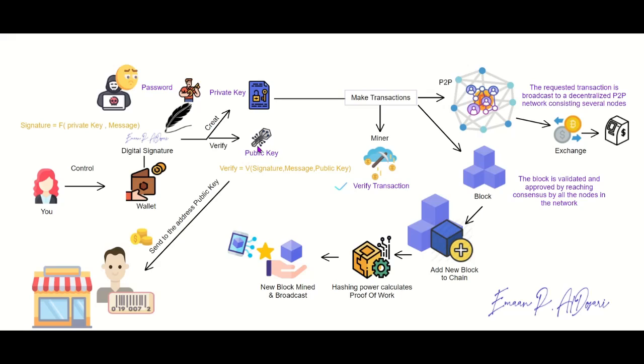To verify, you need your signature, the message, and the public key of the sender. So we use the public key like the address of the other side. In general, we use the digital signature to secure our electronic communication from any hacker.